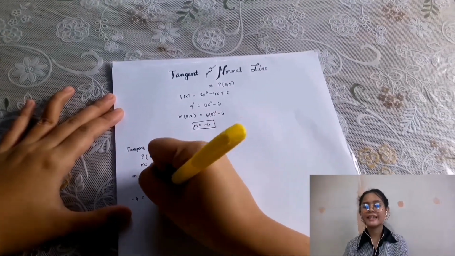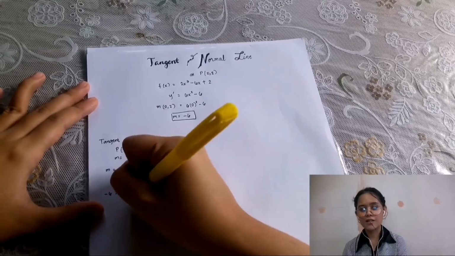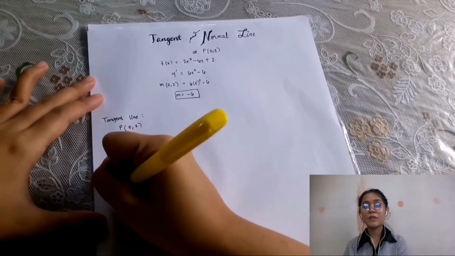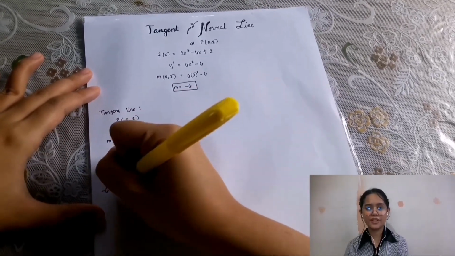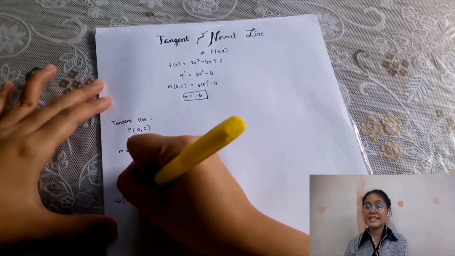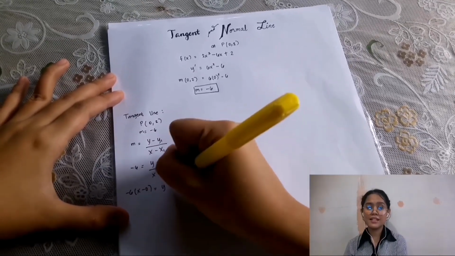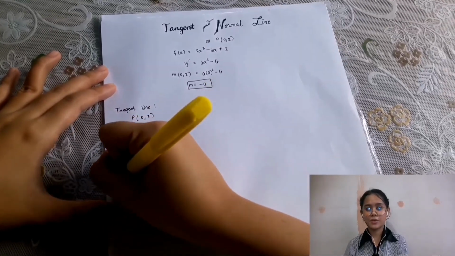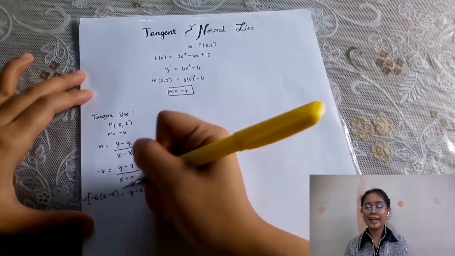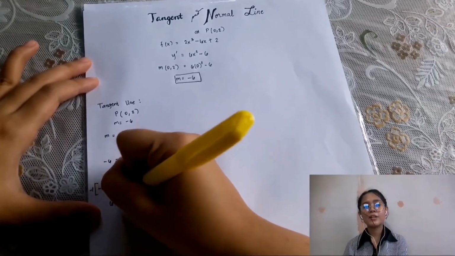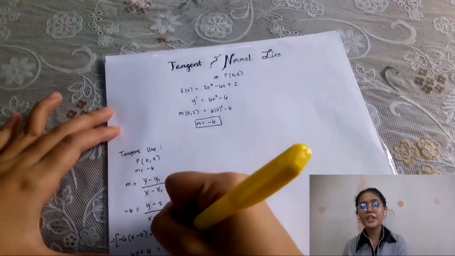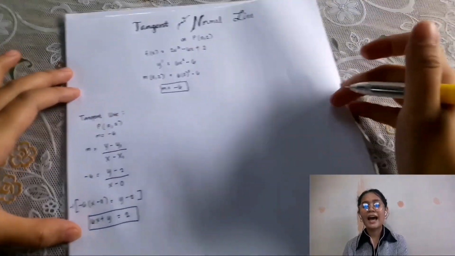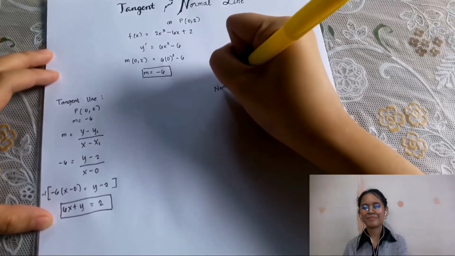And then we will get negative 6 equals y minus 2 over x minus 0. And then we will cross multiply the values. After that, we will get negative 6 times x minus 0 is equal to y minus 2. And to get rid of the negative sign, we will multiply the values by negative 1. And simplify it further, we will get 6x plus y equals 2. And that will be our tangent line.